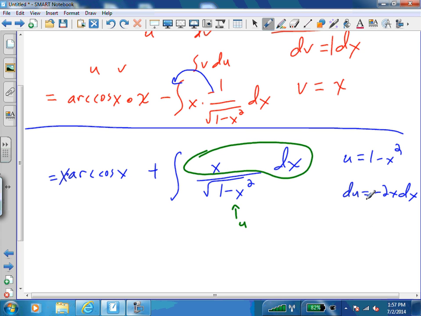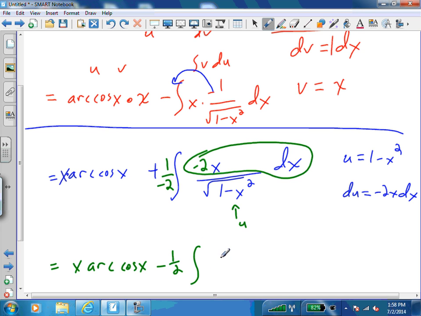So what's the only thing we're missing? Negative 2. If I put a negative 2 there, we need a negative 1/2 out there. So our integral is x arc cosine x minus half of whatever we get when we do this integral.